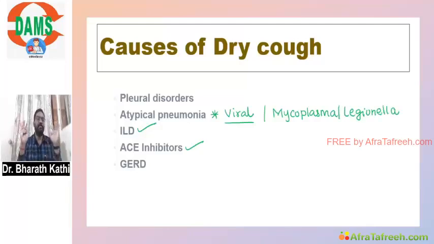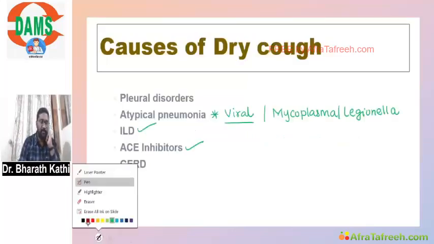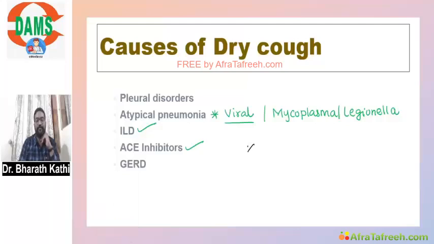So very simple. If the examiner asks you what are the causes of dry cough, you should keep this in your mind. Then what are the causes of productive cough?